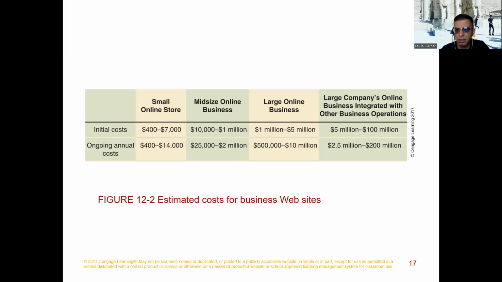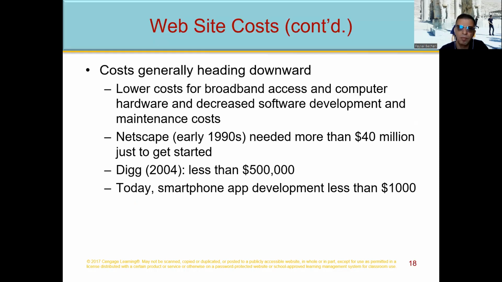It's the estimated cost for a business website. Costs are generally heading downward these days, with lower cost of broadband access and computer hardware and decreased software development and maintenance costs. So you need to look at who is providing these things and at what cost.